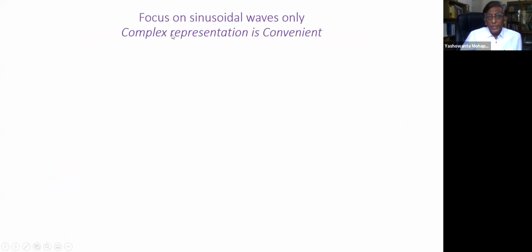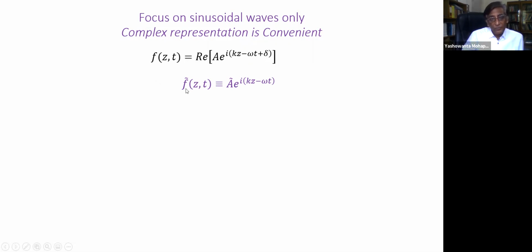So our focus is on sinusoidal waves only, and especially in their complex representation for convenience. So f(z,t) is a sinusoid, either sine or cos. If I set delta equal to 0 it is a real wave, but if I did not, I can make f a complex wave. I define a complex wave where the amplitude is complex.